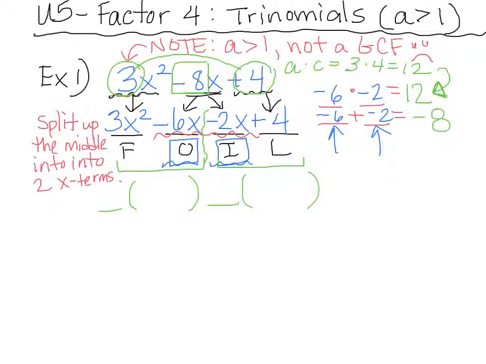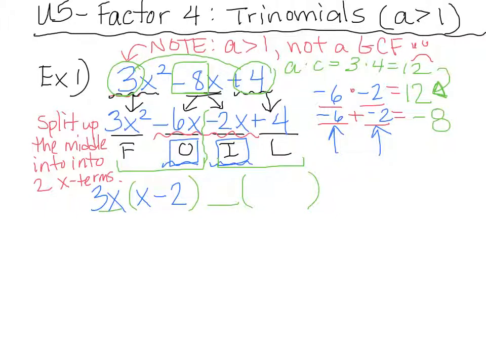In the first group we have a 3 and an x in common, so I'm going to write that here. Then I divide that out of the first term and I'm left with x, and I divide that out of the second term and I'm left with a minus 2.